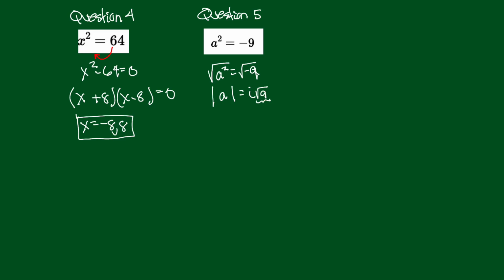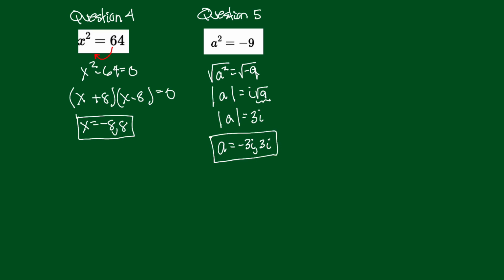Now, square root of 9, we just happen to know. So I'll get absolute value of a is equal to 3i, and then when you remove the absolute value, you get plus or minus. Because what can I put in here? I could put in 3i or negative 3i. So I am going to get a is equal to negative 3i or positive 3i.